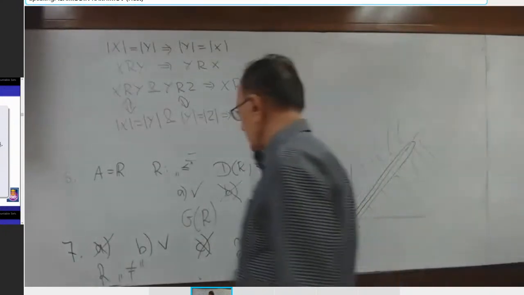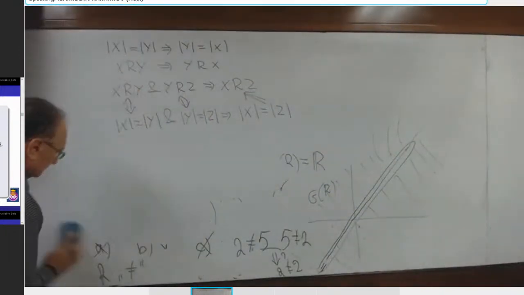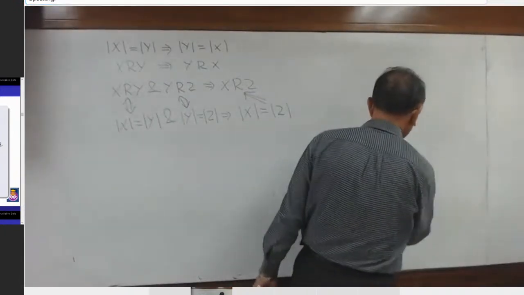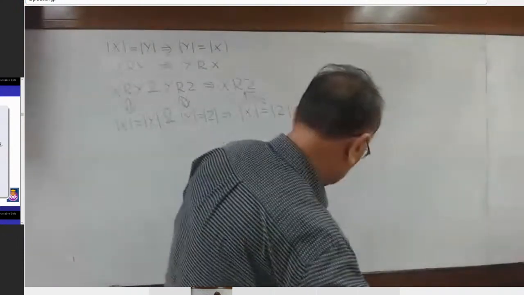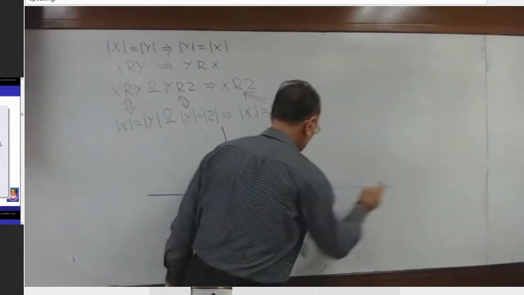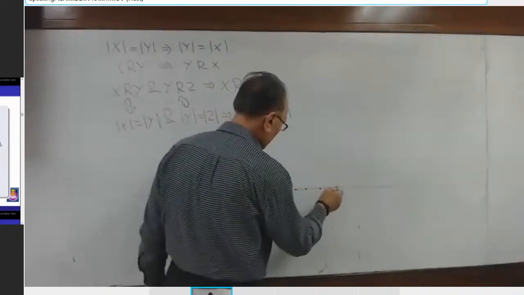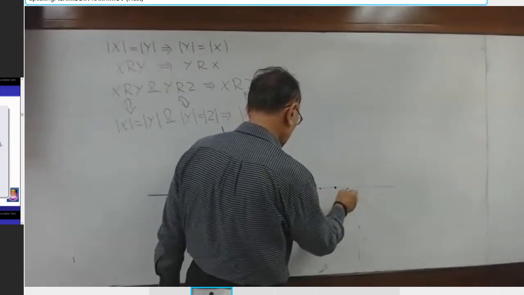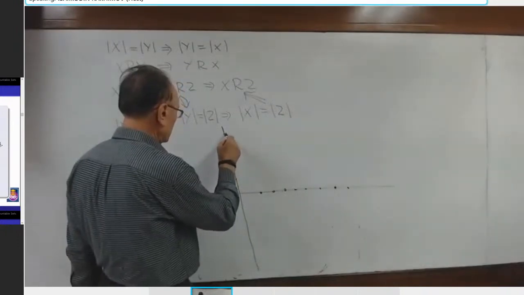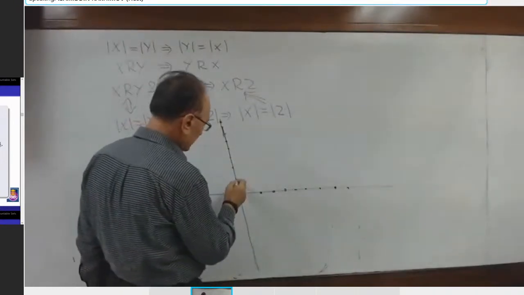So now you can draw the graph. We have 1, 2, 3, 4, 5, 6, 7, 8. Here also 1, 2, 3, 4, 5, 6, 7, and the last one here, 8. Diagonally is there.